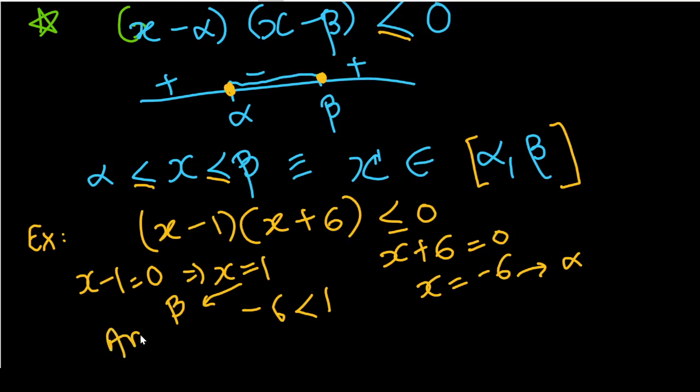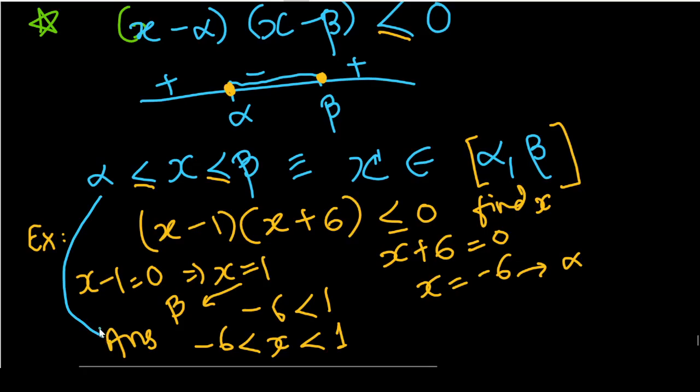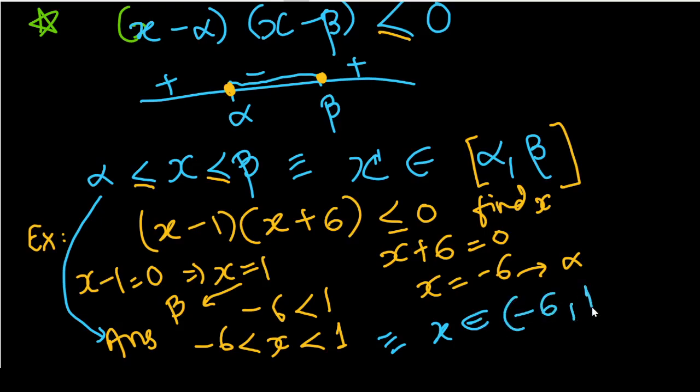We can write the answer. We are finding x. We can write the answer as x between minus 6 to 1 using this formula. Although this is for equal to, so equal to sign won't come, so we can use this formula. Or equivalently, we can write it as x belongs to open interval minus 6 to 1. Okay, so that way we can use.